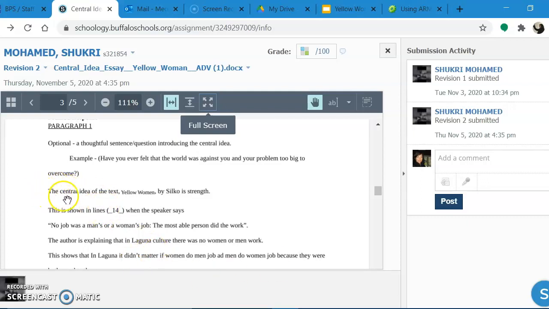Then we do this sentence. The central idea of the text, Yellow Woman by Silko, is strength.